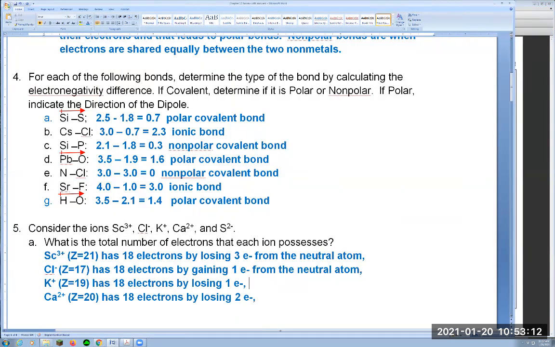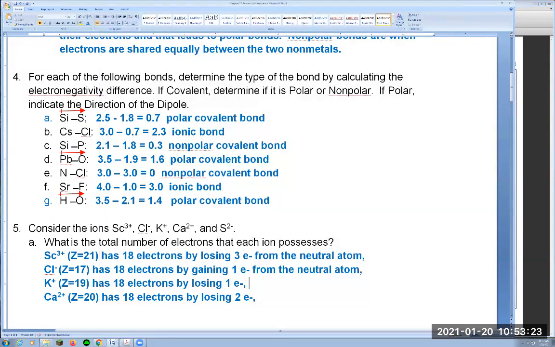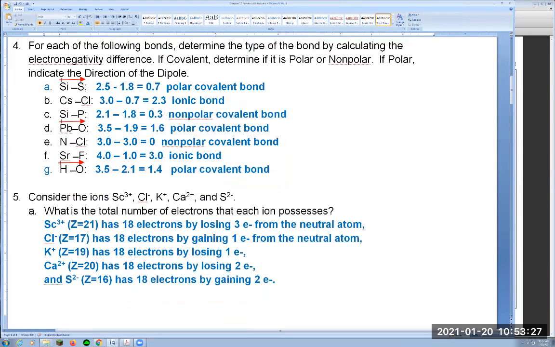And then finally, the sulfide ion. Sulfur, atomic number 16, likes to gain 2 electrons. And so again, it will have 18 electrons, like argon. So notice how they all have 18 electrons, right?